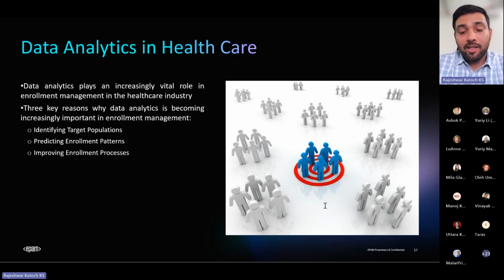Data analytics can also identify the bottlenecks and inefficiencies of the enrollment processes, like where the issues are. I was also giving an example where a data discrepancy happens, like the employee or member has enrolled into a certain plan, but the updated data has not been sent to the respective insurance companies, and because of that, at certain times claims get denied.